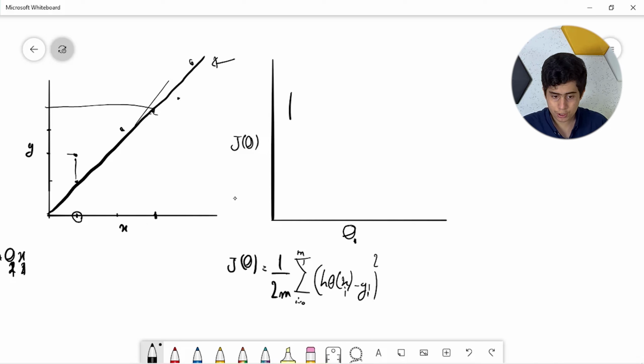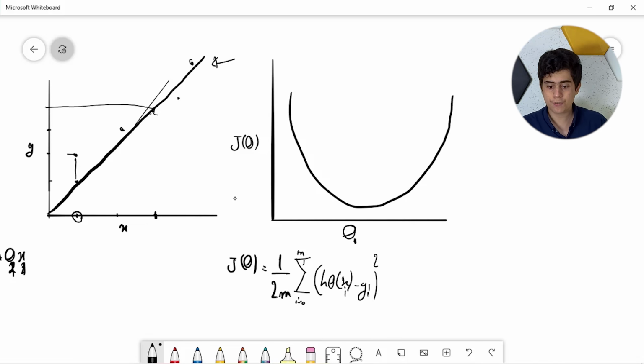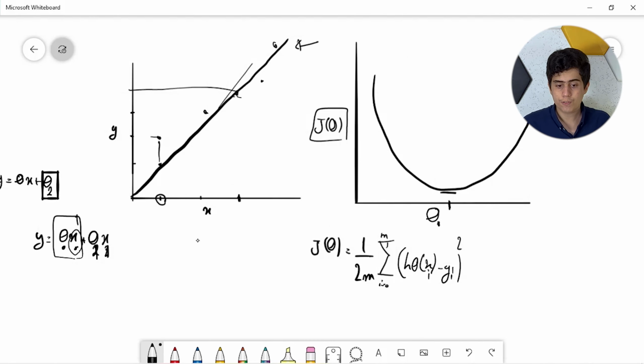So the function that it creates is a quadratic function that looks like this. What this is telling us is that we have a theta value over here which gives us the least value of our cost function, which means that this theta value makes a really good hypothesis which fits most of the data really well.